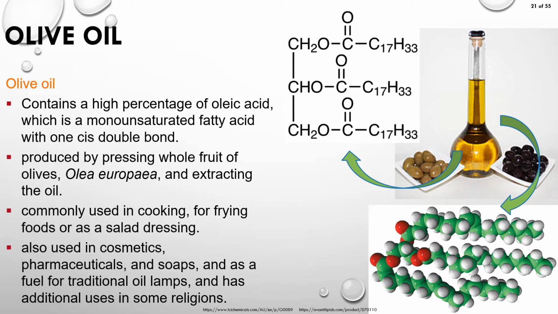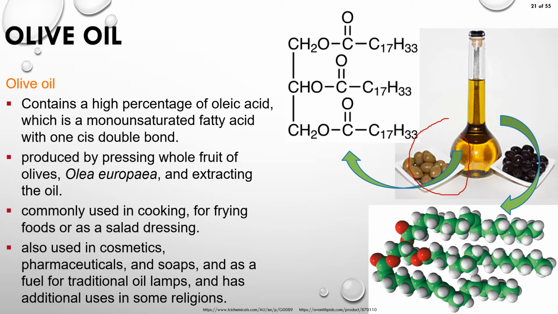So extra virgin olive oil is required to have no more than 0.8% free acidity and is considered to have favorable flavor characteristics. Olive oil is produced by pressing the whole fruit of olives right here. So these are the fruit, Olea europaea, and then extracting the oil.